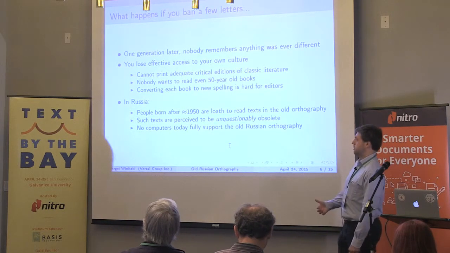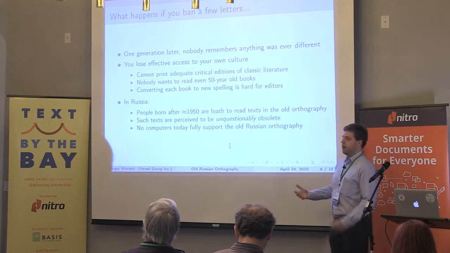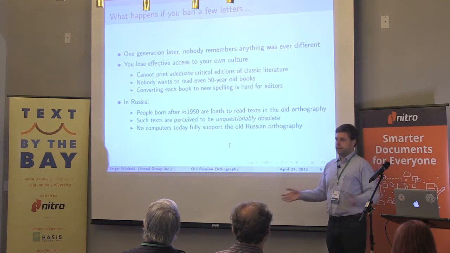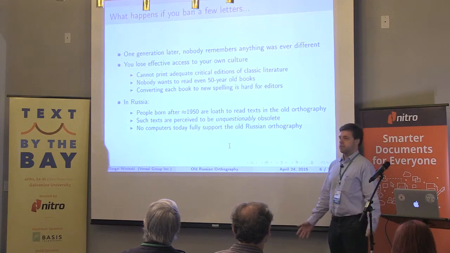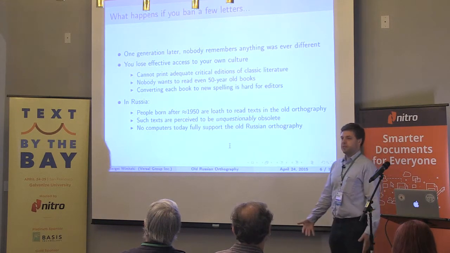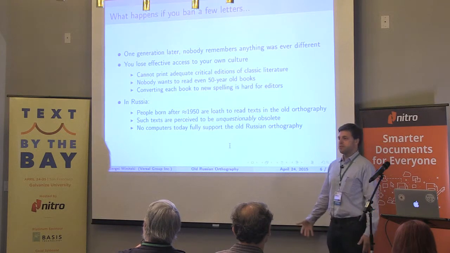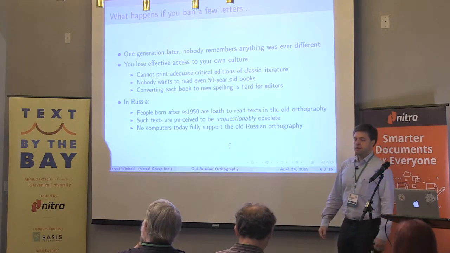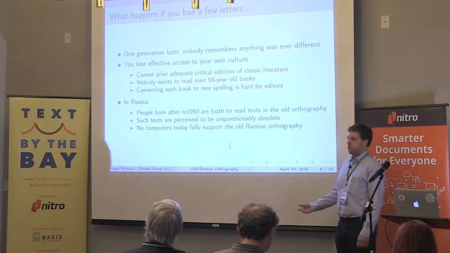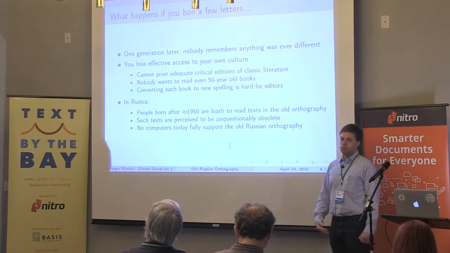The texts presented in this orthography are felt to be irrevocably obsolete, completely out of touch with anything that can be relevant today. And of course, no computers today support text processing in this orthography. This problem would be solved if we had computer support and a converter between old and new orthography.